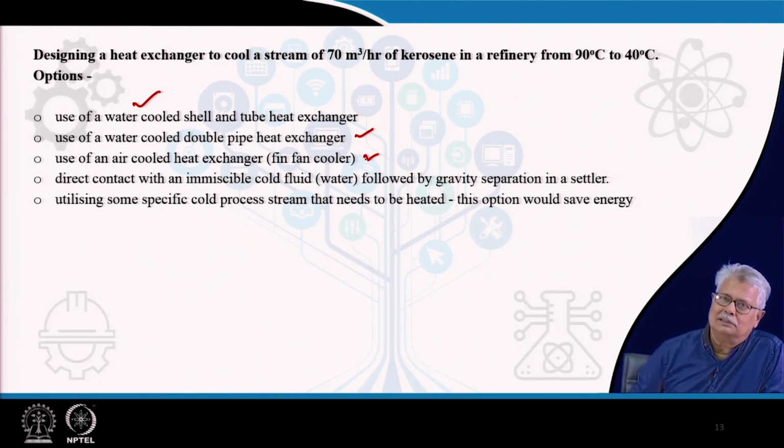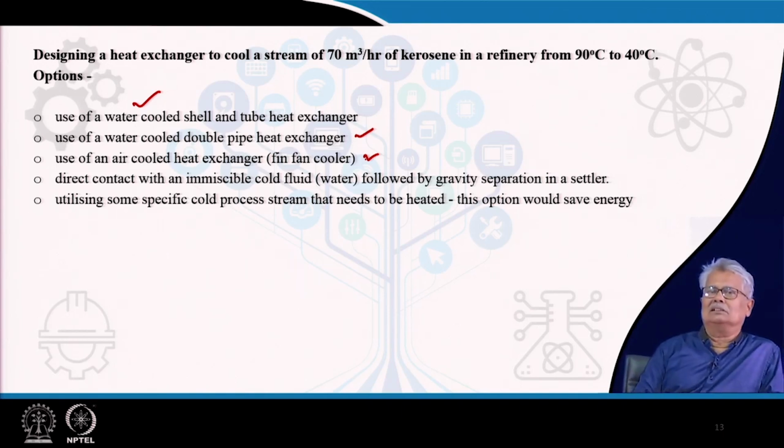It is also possible that we have direct contact cooling with an immiscible cold fluid. Kerosene does not mix with water, so we can even consider mixing cold water with kerosene, but remember, in this case how feasible it's going to be, because the kerosene is available at 90 degrees centigrade.